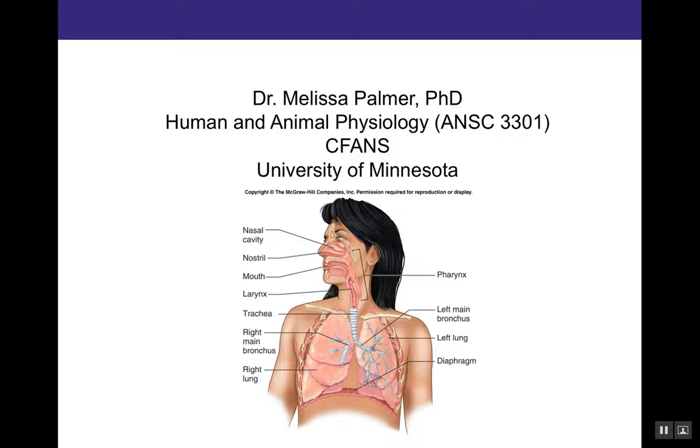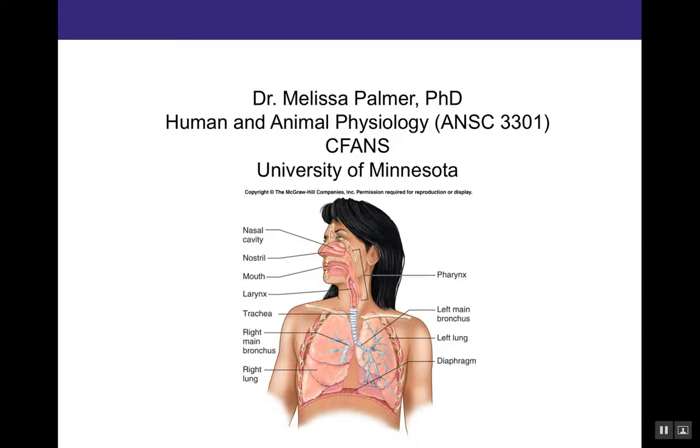All right. Okay, so now it gets a little sticky. Now we're going to talk about some of the effects of carbon dioxide, acidity, and in this case, a molecule called DPG, diphosphoglycerate.